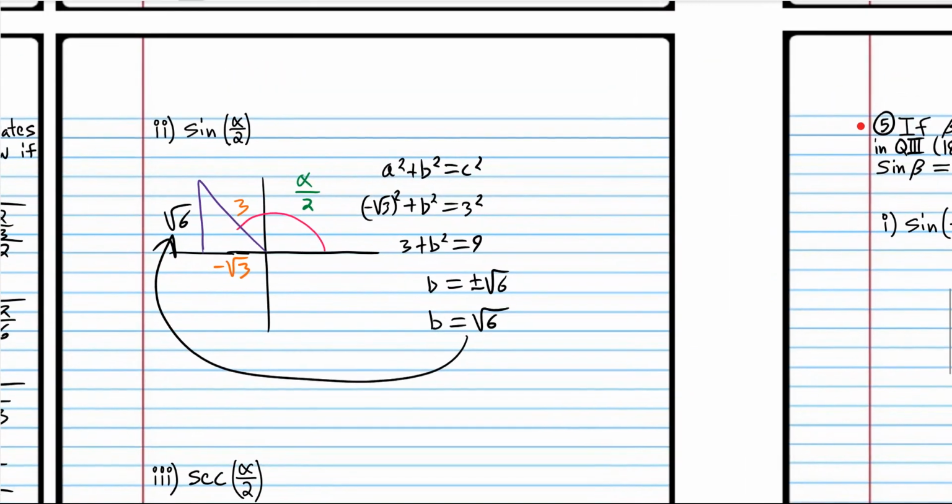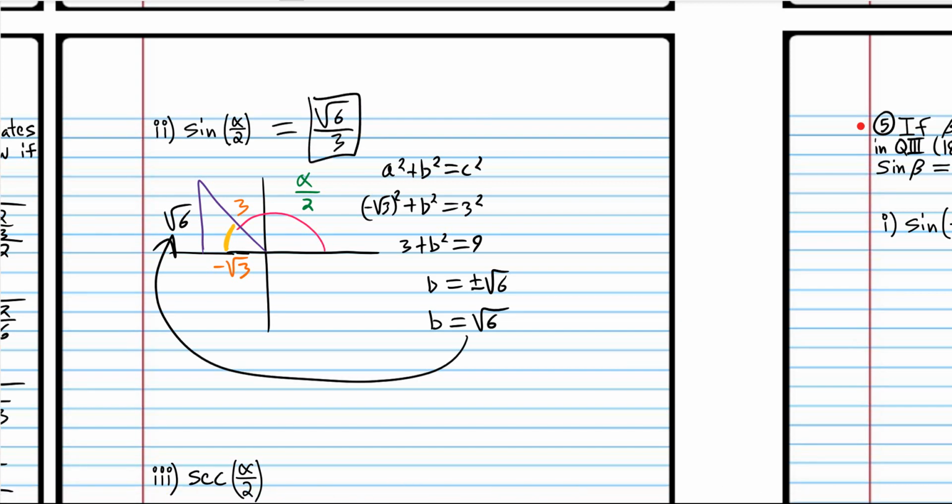And so now we can easily find sine alpha over 2. That's just the opposite side of the reference angle, and the reference angle will make yellow, I guess. So the opposite side divided by the hypotenuse, and we're done. So root 6 over 3.